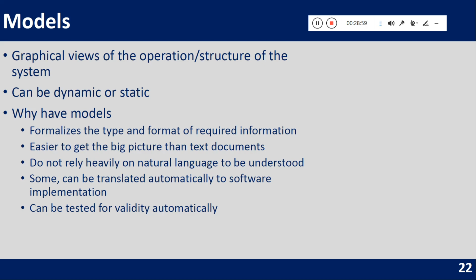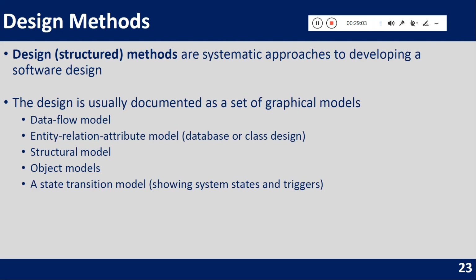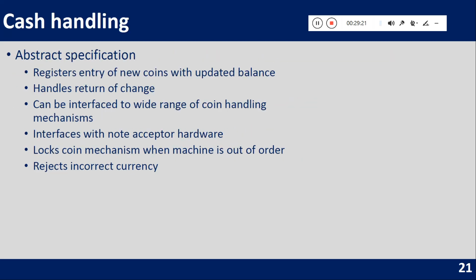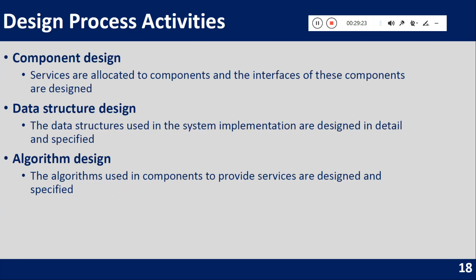I can see whether my MATLAB model is functional or not. And the development method here is a systematic approach to developing a software design. The design is usually documented as a set of graphical models, where we can use the design methods.